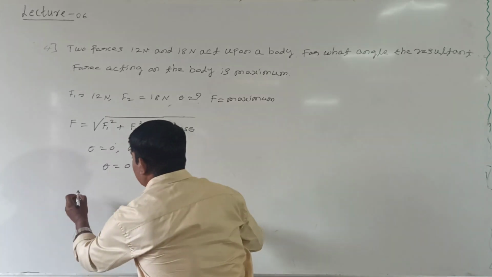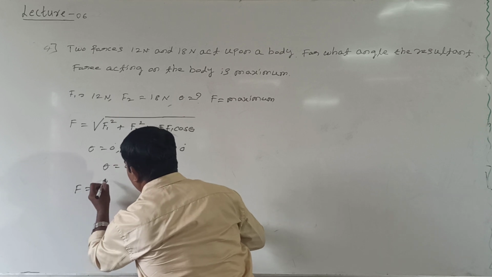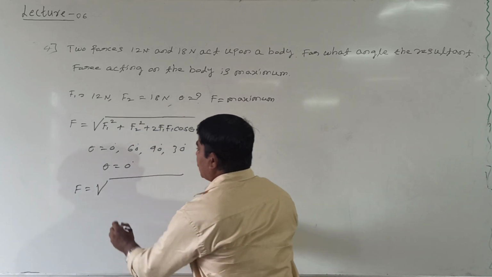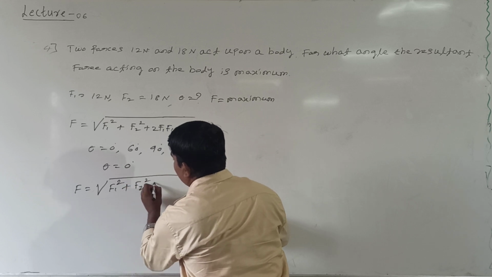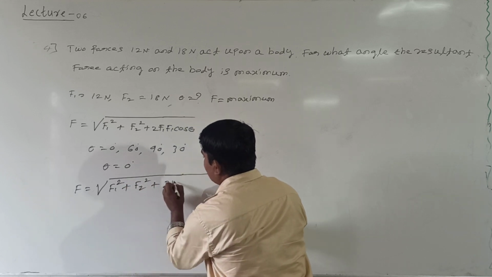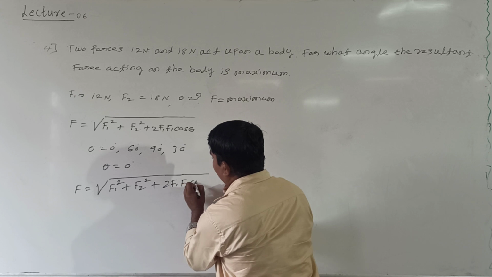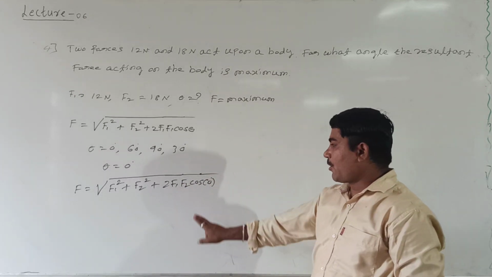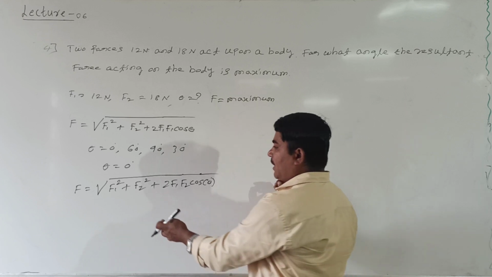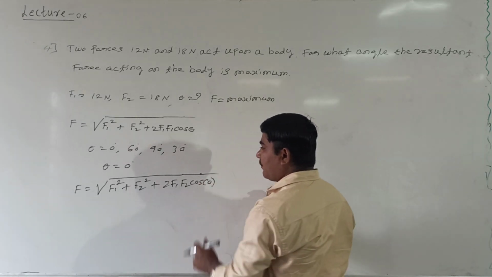See here how to put it actually. F equal to square root of F1 square plus F2 square plus 2 F1 F2 cos of 0. Right. Cos 0 is 1. Then what is the meaning? A square plus B square plus 2AB form.